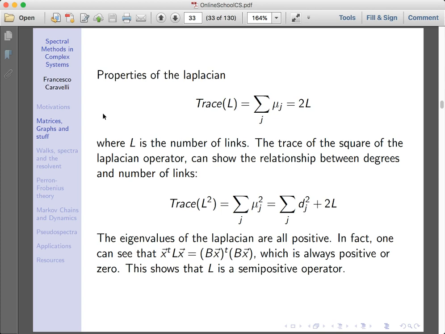On the other hand, the trace of the square of the Laplacian operator, which is the sum of the squares of the eigenvalues, is equal to the sum of the degrees squared plus 2 times the number of edges. This implies that both the Laplacian and the square of the Laplacian have information about the degree and the number of edges of the graph.